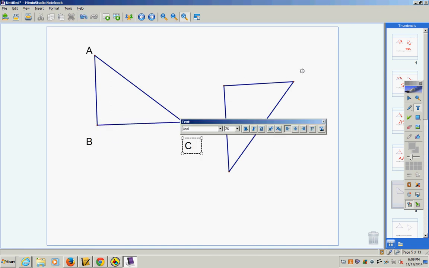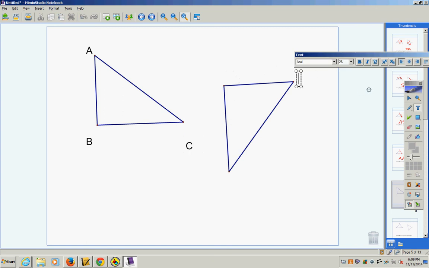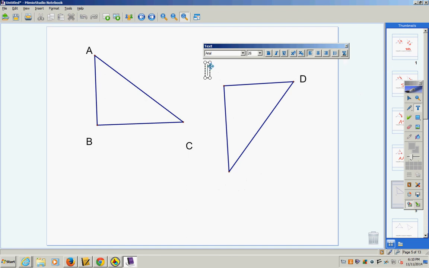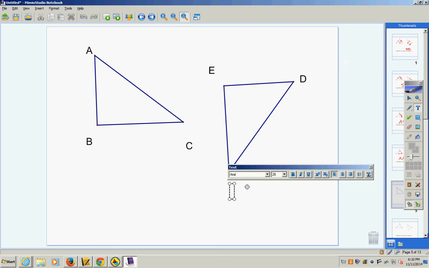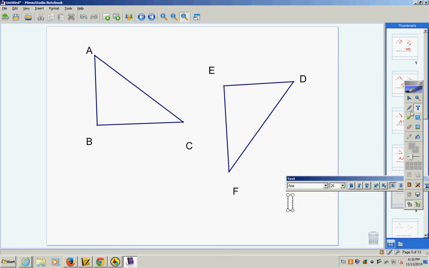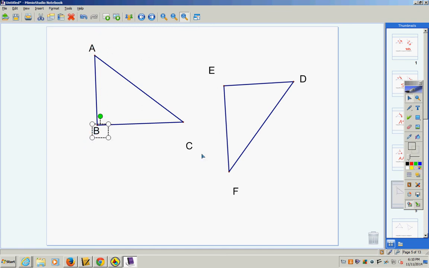It's so easy. It's easy as 1, 2, 3, right? And D, E, and F. And I'll move those a little closer so you can see them a little better. So it's A, B, C, and D, E, F.